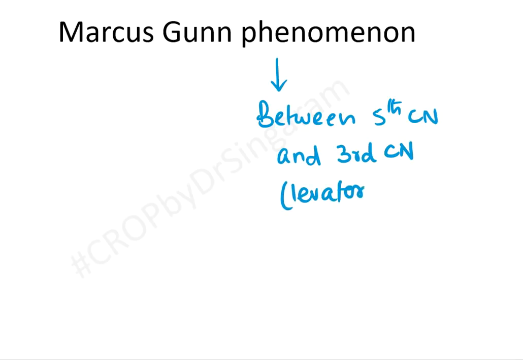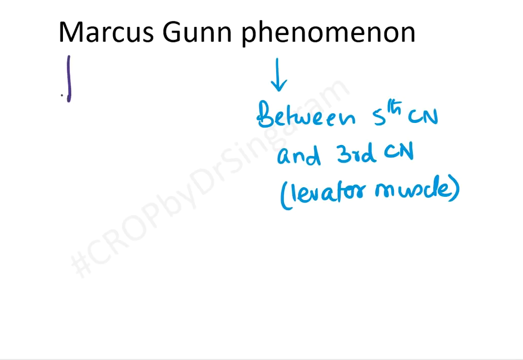So what happens is that when the child is doing some movements of the jaw, for example drinking and eating, it will cause innervation of this muscle also, and it will elevate the lids. The levator muscle will be working. Are you able to follow? This is called the Marcus-Gunn phenomenon.